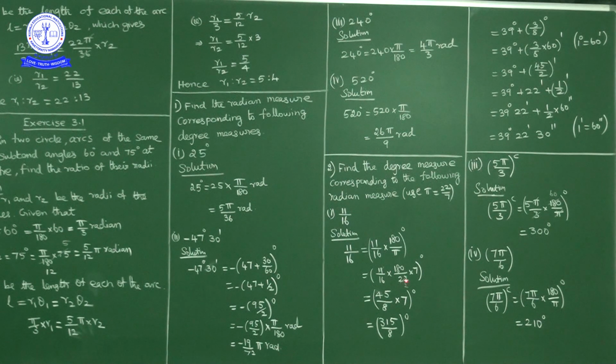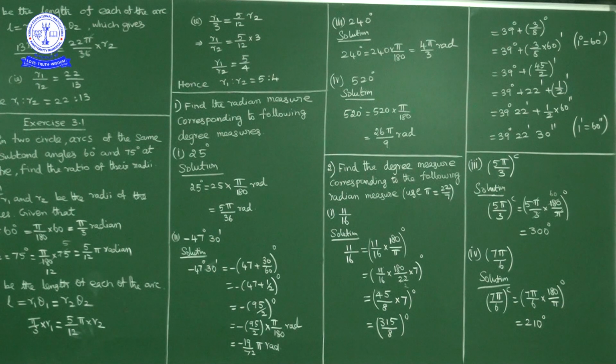After simplification, 4 fours and 4 forty-fives cancel, so 45, and 4 into 2, 8 in the denominator. So 45 into 7 upon 8 degrees. 45 into 7 is 315 upon 8 degrees.